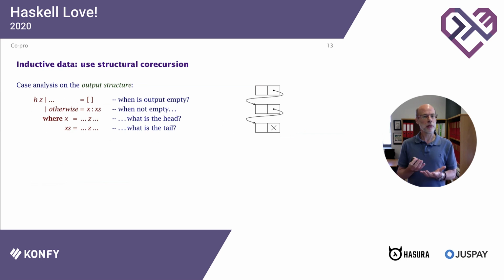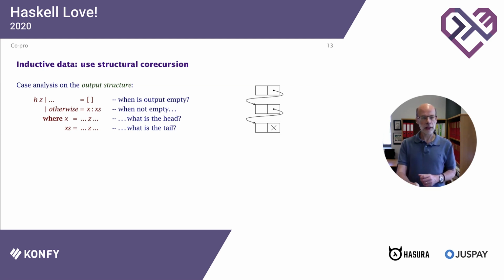And when the output is not empty, x cons xs, it's composite. You have to yield an x and an xs, so have a subprogram for x and a subprogram for xs. And that's the skeleton of your program. So if you're producing a list, one thing you can try, rather than trying to do case analysis on any input, is to do case analysis on the output.